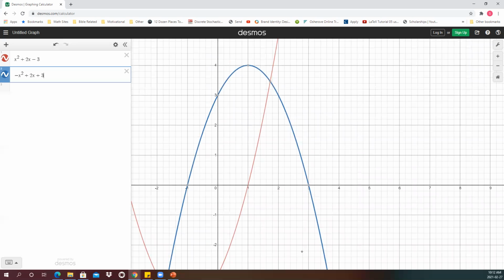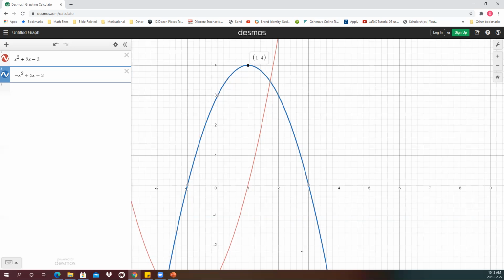And if we look on graph number 2, we find the maximum 4, the coordinates at this point are 1 and 4. 4 is our maximum, that's the y coordinate, and then x equals +1 is our line of symmetry. So really, if you find this maximum or minimum point, you can get 2 pieces of information from the coordinates of that point.